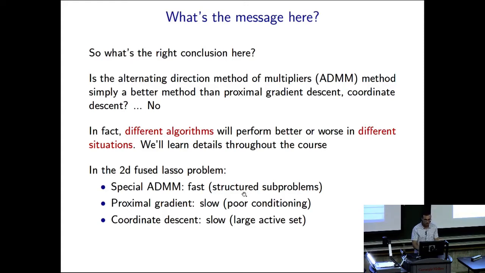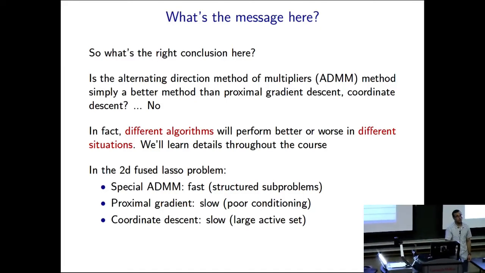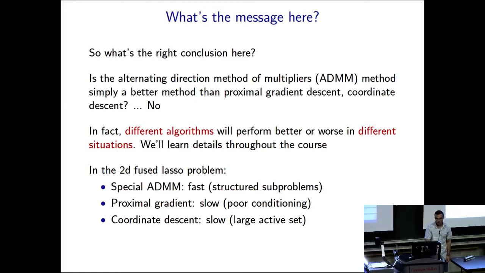Proximal gradient is slow in this case because of poor conditioning. If I go to the dual and you look at the criterion in which proximal gradient is working, if you look at the smooth part of the criterion, there's a very poor condition number. And what we'll see when we talk about gradient methods or first order methods in general is that they actually can suffer quite a bit from poor conditioning. So this just means that the criterion itself is very flat around its optimum.